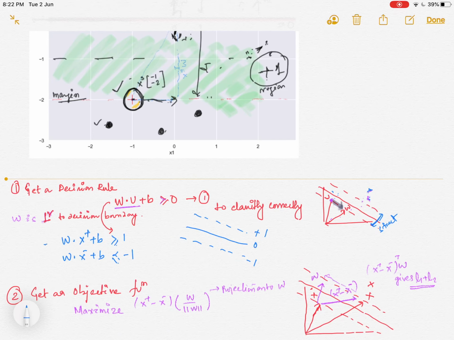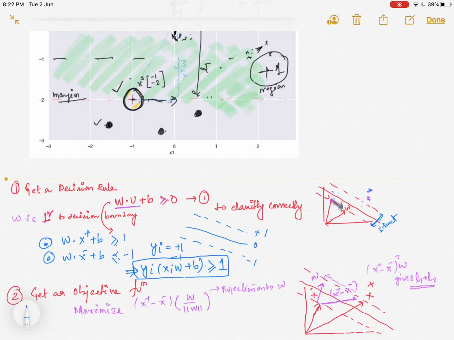But now we have two different sets of constraints. Let us make them into one by introducing an element yi, which either takes +1 value or -1 value. Then our constraint will be yi (xi w plus b) greater than or equal to 1.